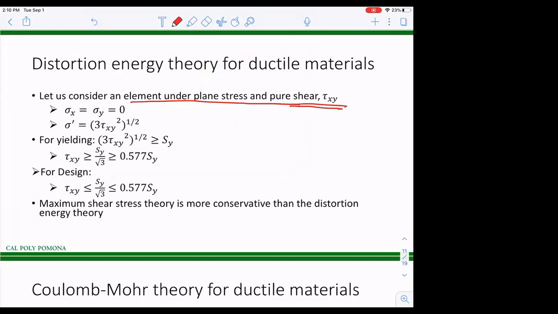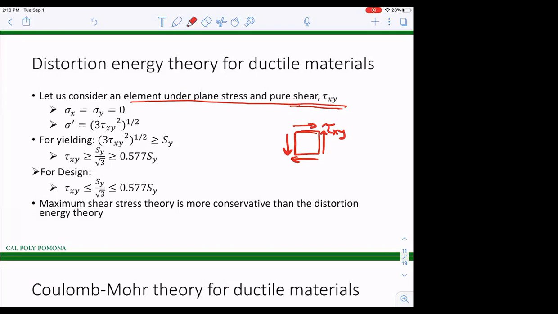That means you have a stress element like this. There is no out of plane stress. You only have the 2D case and you do not have any normal stresses. You're only applying pure shear.